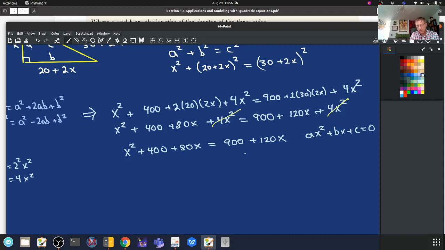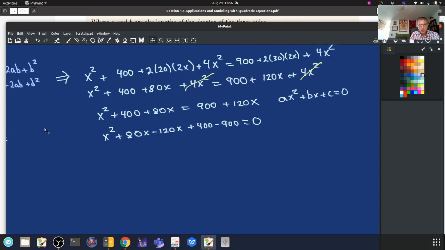That's the form I want. So I'm going to move the terms on my right hand side to my left hand side. So I have x squared, and I'm going to write the 80x term next. Then I'm going to subtract 120x from it. And then I'm going to write my 400 and subtract the 900 from it, and that's going to be equal to 0.